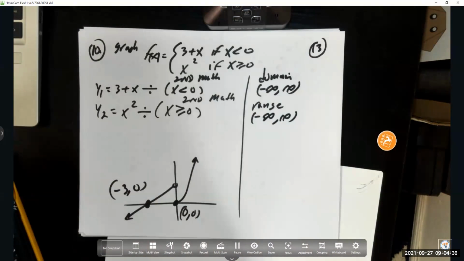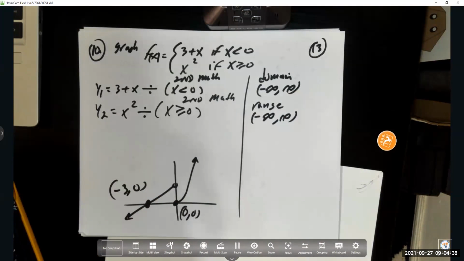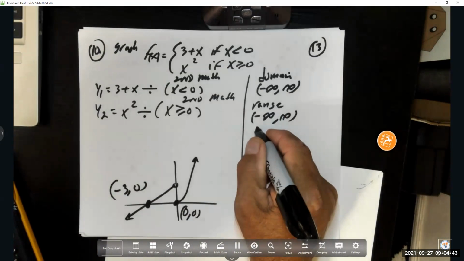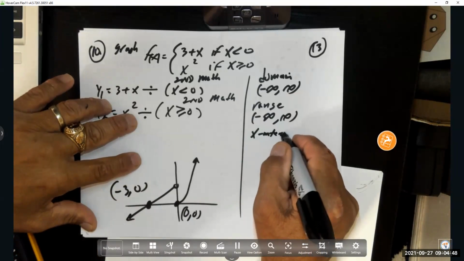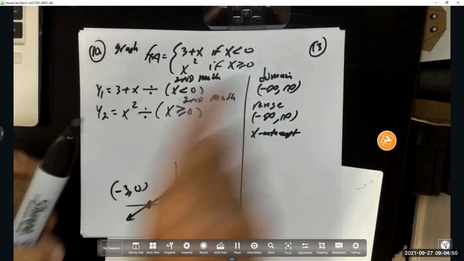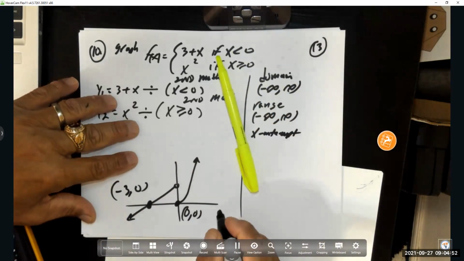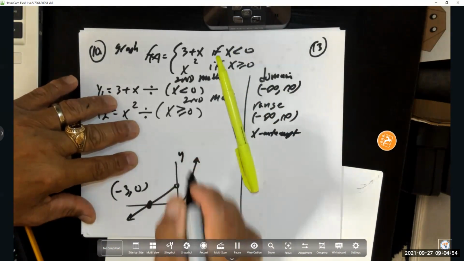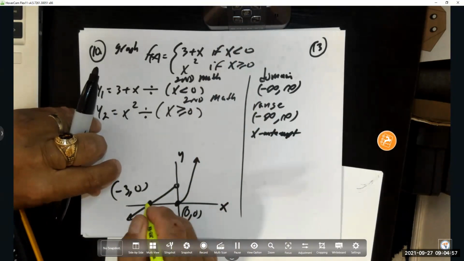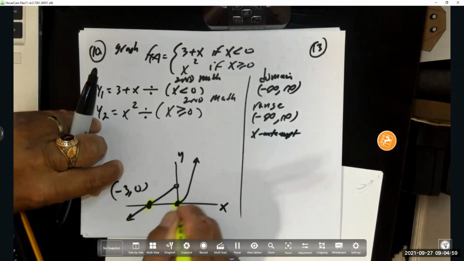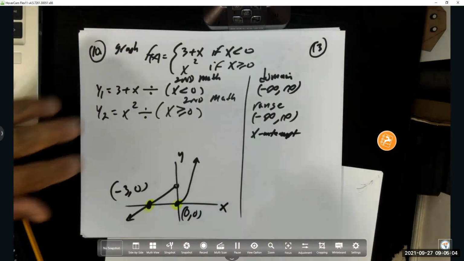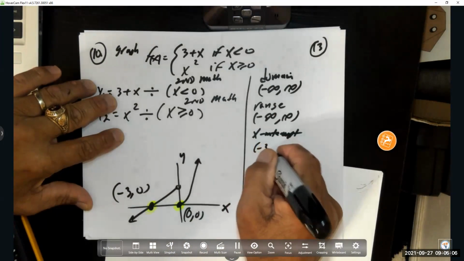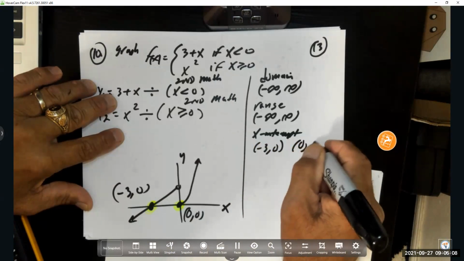Domain, range. And then it's going to ask you for the x-intercept and the y-intercept. The x-intercept, well, we did that earlier. This is the x and these are the y's. Ready? So the x-intercept is where? Is it this one and this one? Yes or no? See the yellows on those? Yes, sir. So the x-intercepts are going to be negative 3, 0, and the other one's going to be 0, 0.